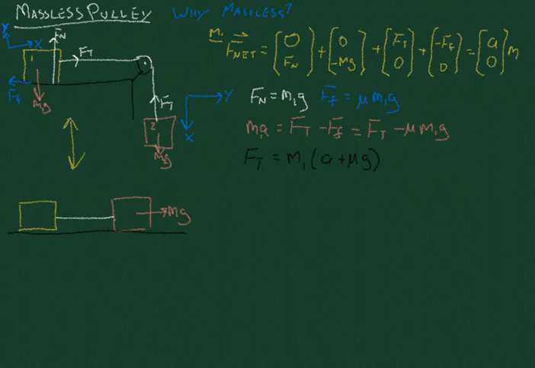Now if I look at mass 2, again, I haven't really solved the problem to find the tension in the rope, because I still don't know what a is.